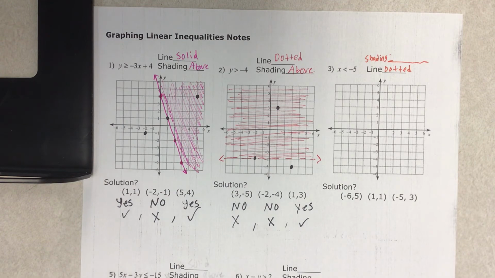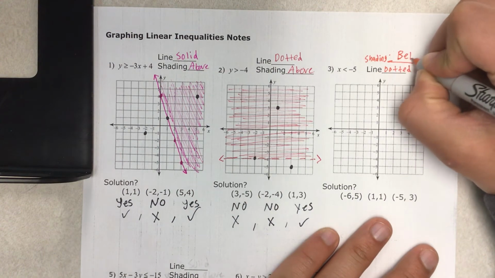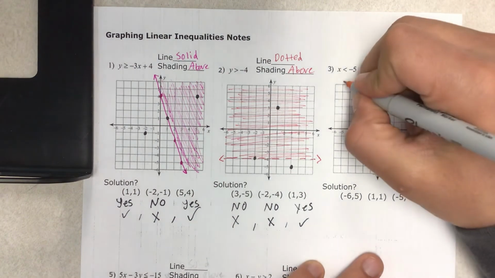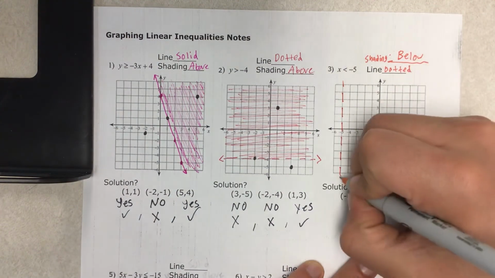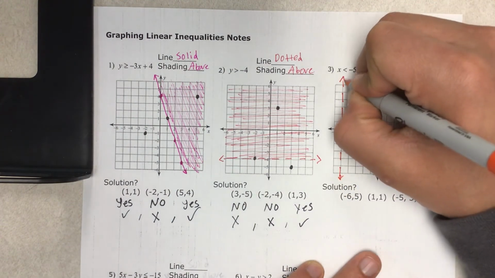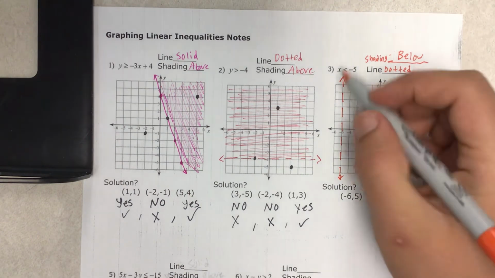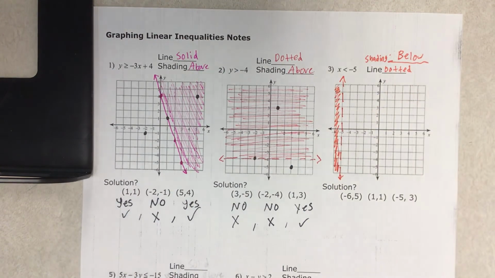And shading, it's gonna be less than, so I'm gonna shade below, okay? And then we start by graphing it like it was a normal equation. So if this was x equals -5, this would be a vertical line here at -5, right? But since it's an inequality, I can just graph it like that. And we're gonna shade below. So below, when you have a vertical line, actually means to the left. So I'm gonna shade to the left here. Just like that, okay? So it's just a little sliver.